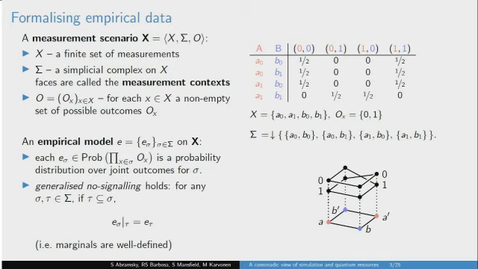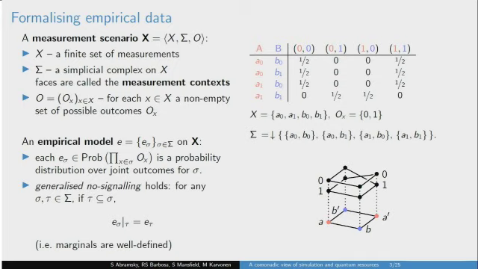In the situation described here, think of Alice and Bob, who are space-like separated, and both have two choices of measurement. The generalized no signaling condition says that the choice of Alice's measurement doesn't affect the probabilities of Bob's measurements, and vice versa. So Alice can't signal any information to Bob by her choice of measurement.